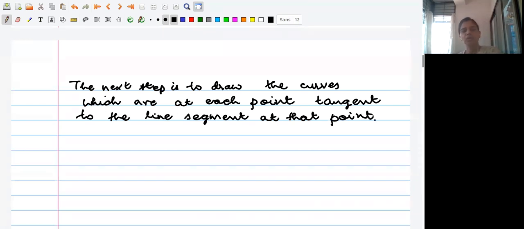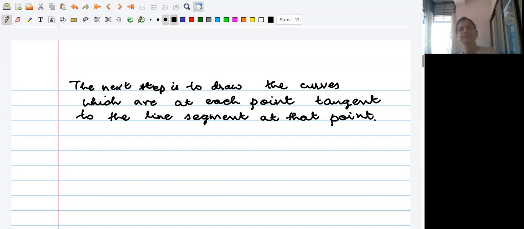Let me write that down and go over it one more time. At each point of the domain of definition of the function f, you associate a line segment with slope given by f(x,y), that is, f evaluated at that point.